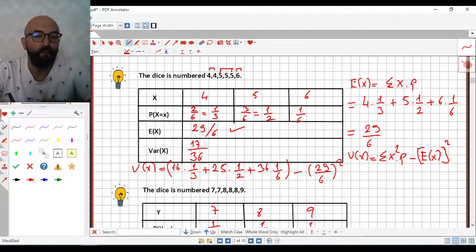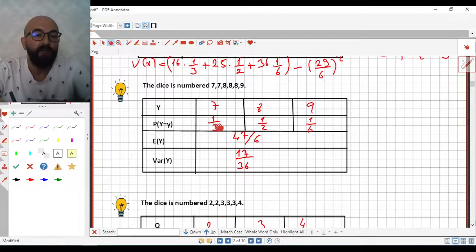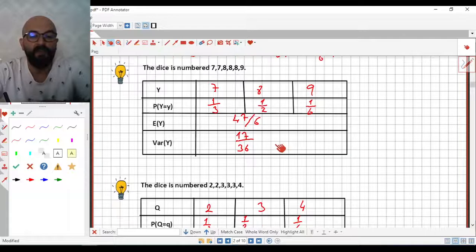Okay, 17 over 36. And the other situation, the second dice, is numbered 7, 7, 8, 8, 8, 9, and we will find the probability: the probability of 7 is 1 over 3, of 8 is 1 over 2, of 9 is 1 over 6, and the expected value is 47 over 6, and the variance is 17 over 36.